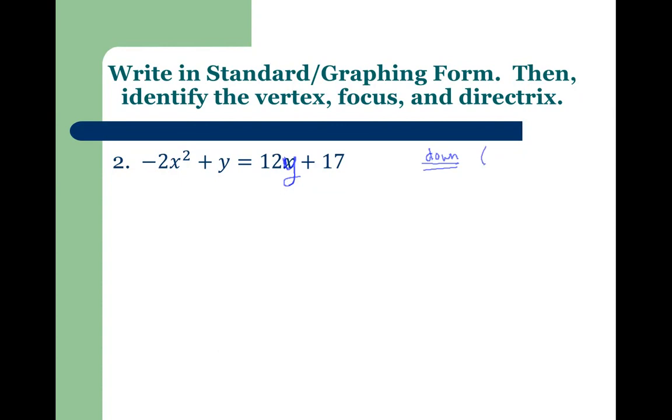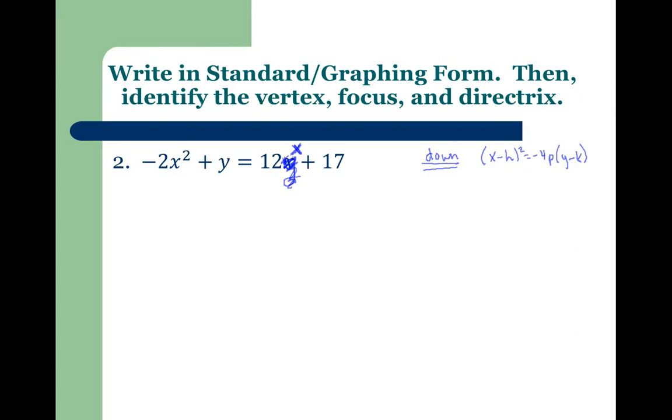So I want it at the end to look like x minus h squared equals negative 4p y minus k. So let's do this. No, this has to be an x. Oh, I was fine. It wasn't a typo. I didn't see this y over here.